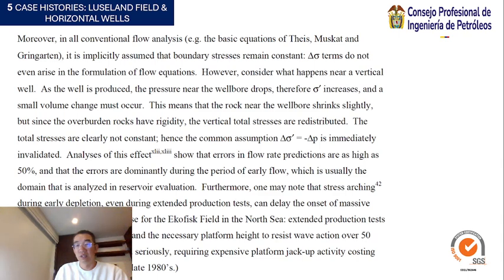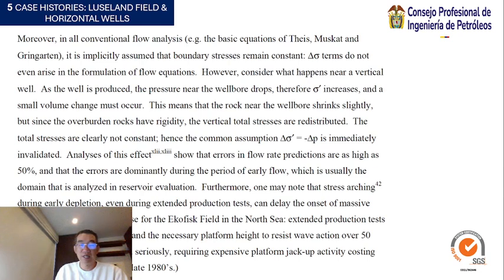Furthermore, one may note that stress action during early depletion, even during extended production tests, can delay the onset of massive compaction. This was the case for the Ekofisk field in the North Sea.